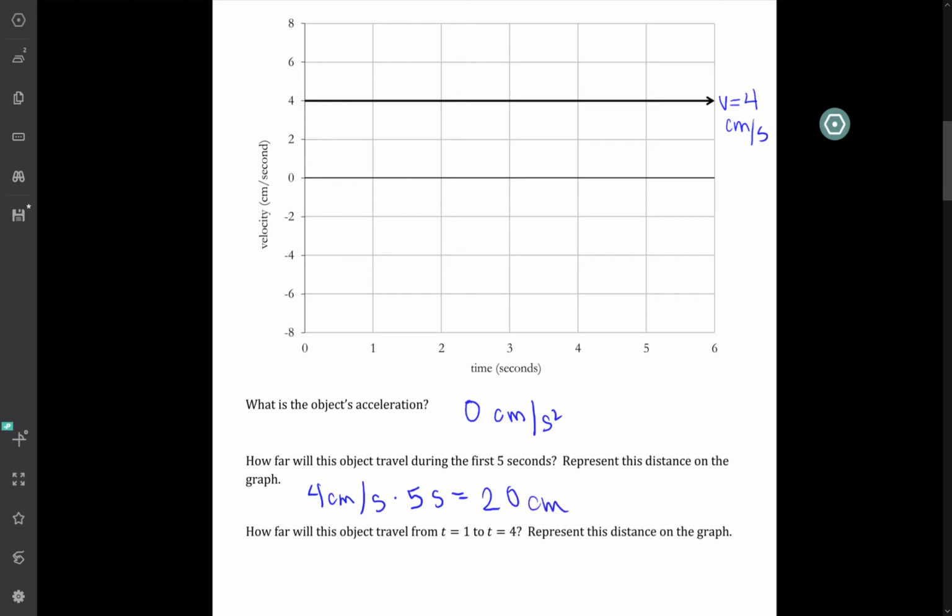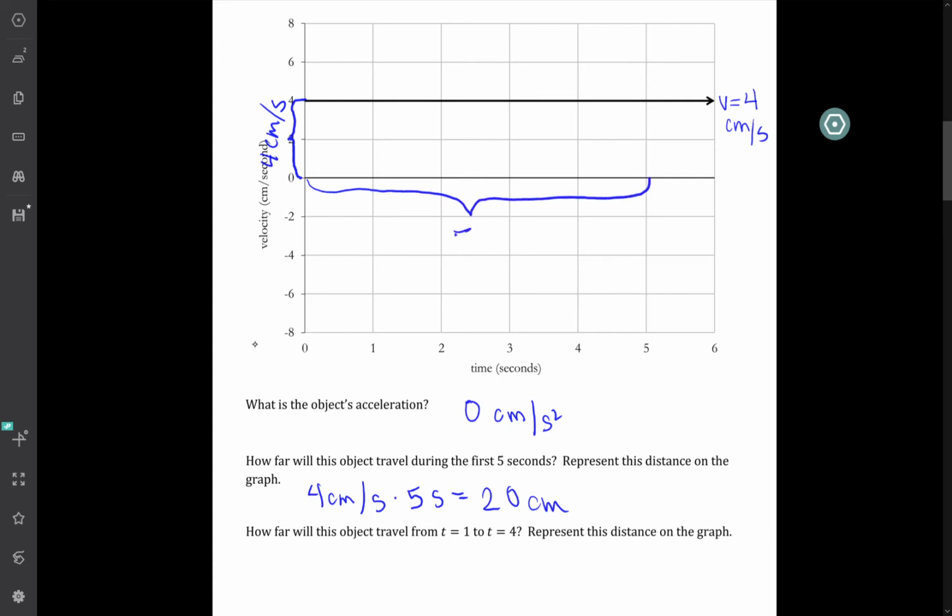The thing that's really interesting to us right now is where do we spot those things on the graph. So the 4 centimeters per second is a y value, so it's a vertical distance on this graph. The 5 seconds, that's telling us an x value.